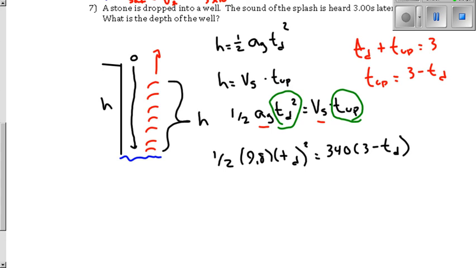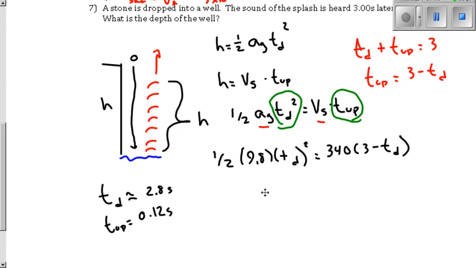Okay, when you solve that, you end up getting that your time down is approximately equal to 2.8 seconds. Okay, 2.8 seconds. And that your time up then ends up being about 0.012 seconds.